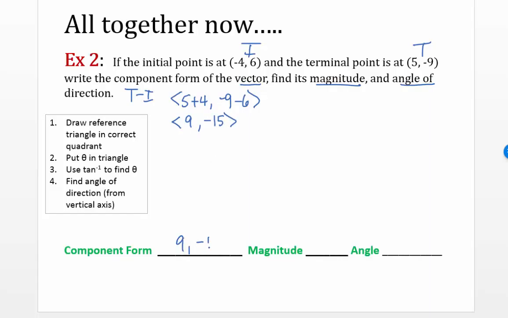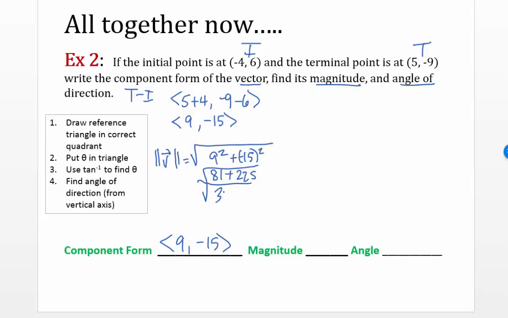So that's my component form, 9, -15. Now the magnitude of this vector is going to be the square root of 9 squared plus -15 squared. 9 squared is 81 plus 225 is 306. If I take the square root of that, I get 17.49. So that's my magnitude, 17.49.